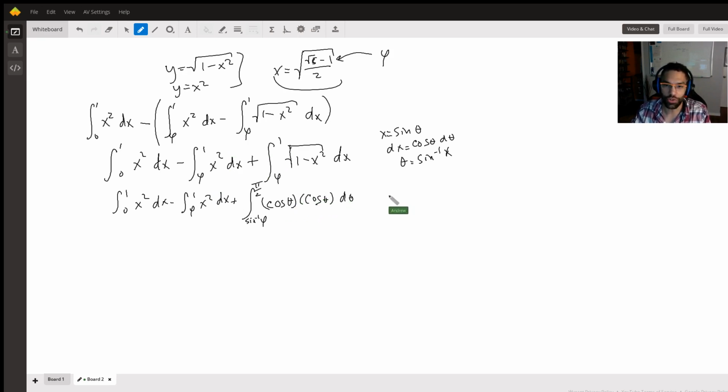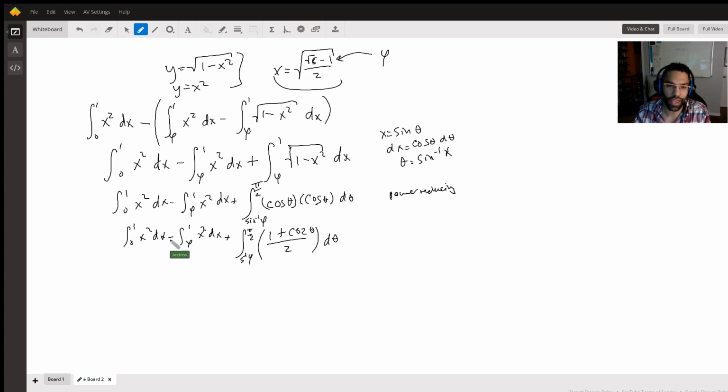And if you know your trigonometric identities, there's the power reducing formula, and that's going to give us, okay, I'm going to rewrite these, phi to 1 x squared dx plus the integral from inverse sine of phi to pi over 2 of 1 plus cosine of 2 theta over 2 d theta.